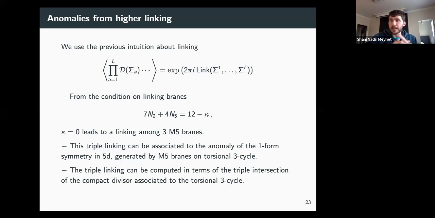Indeed, this quantity becomes a purely topological quantity in the boundary, this higher link, and this provides a way to compute the anomaly coefficients for the one-form symmetry of the theory.